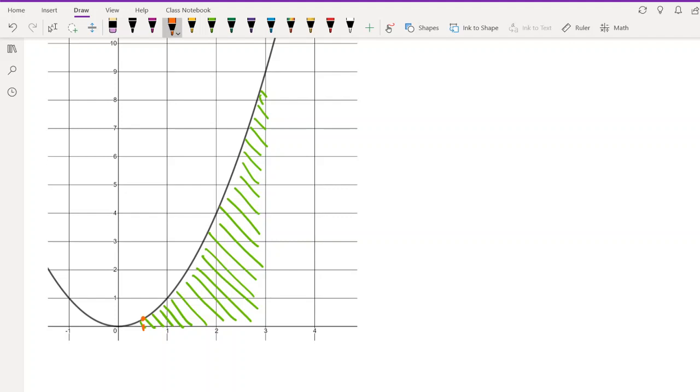So that would give you a height here, and that would determine the height of your first rectangle. And then you would go to 1.5 or 3/2 and go up here, and that would give you the height of your second rectangle. And then the last one, you would go to 5/2 or 2.5 and go straight up and find the height at that point.